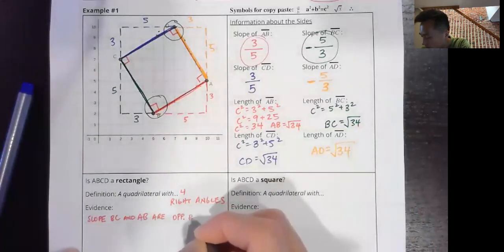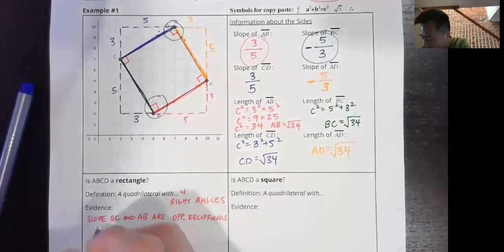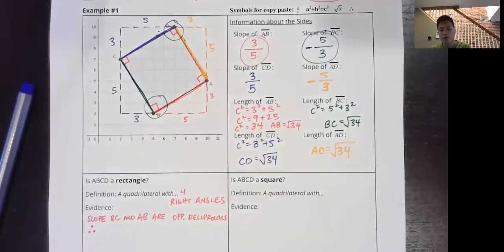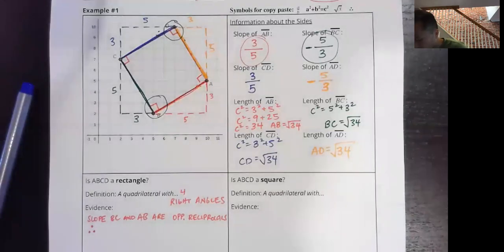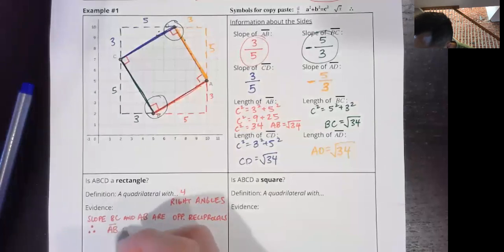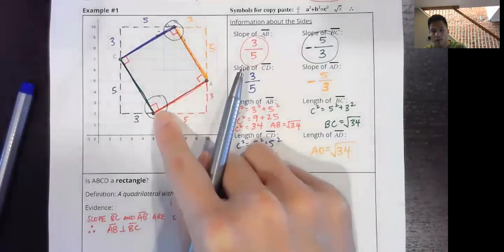Are opposite reciprocals. Therefore, right, we always need a therefore. You can use the therefore symbol, or if you want to write out or type out the word therefore, that's fine too. Therefore, AB, that side, is perpendicular to BC. Okay, we've proven this right angle here.